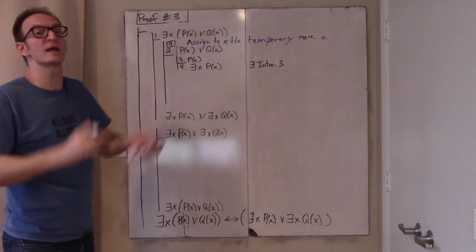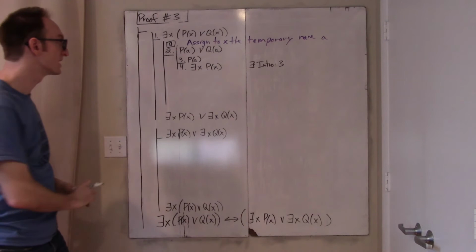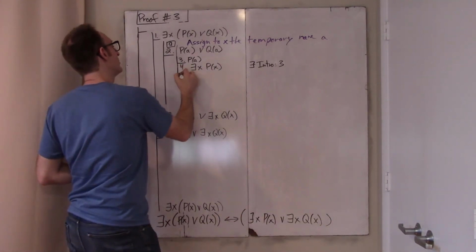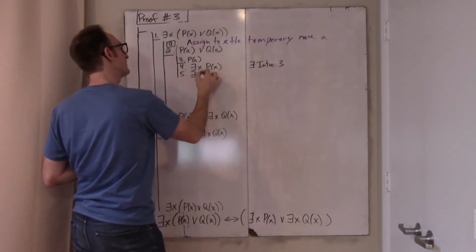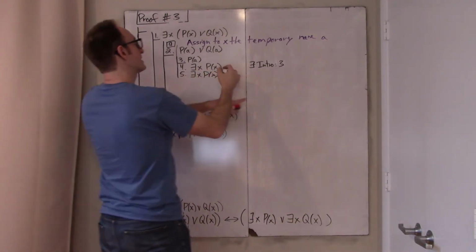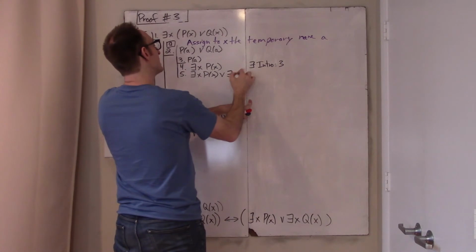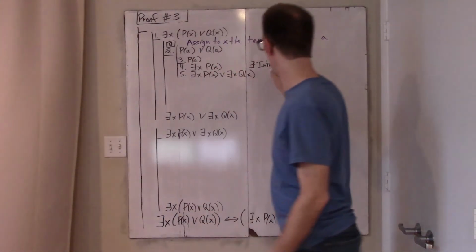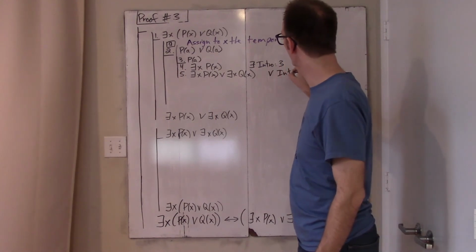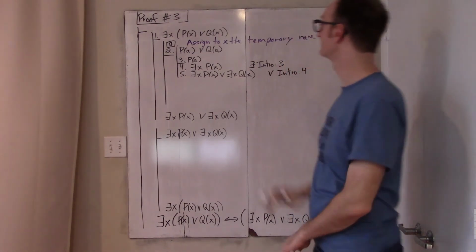It's a weakening of statement 3. But okay, if someone has property P, then I can make the even weaker statement that someone has property P or someone has property Q. And this is just an OR introduction from line 4.